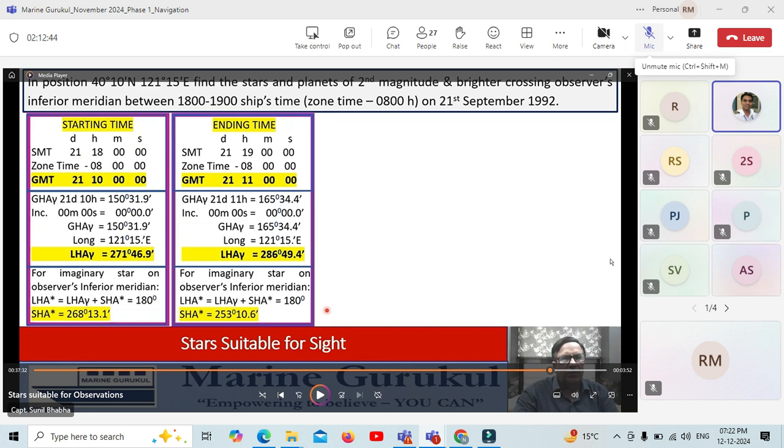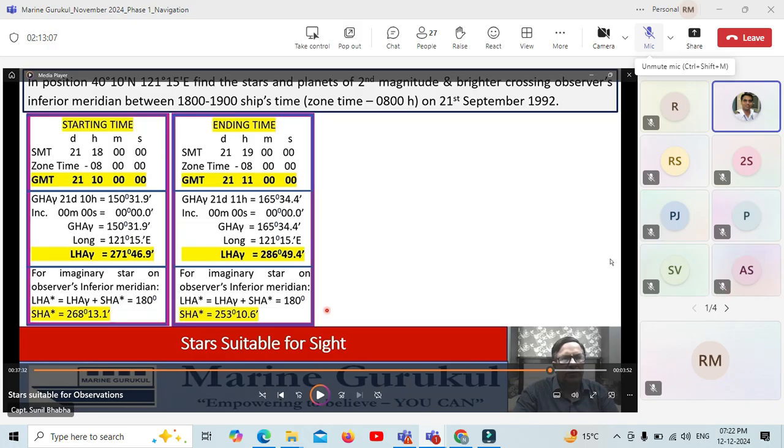Usually we do not call it superior meridian. We call it observer's meridian and observer's inferior meridian. Okay, sir. Observer's inferior meridian is inferior meridian, and observer's meridian is the same meridian as observer. Yes, that's right.